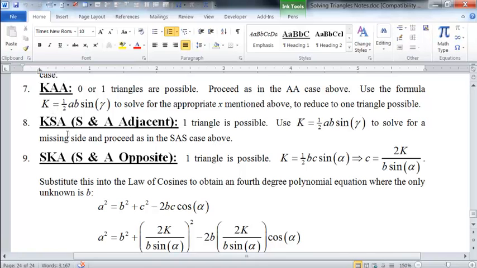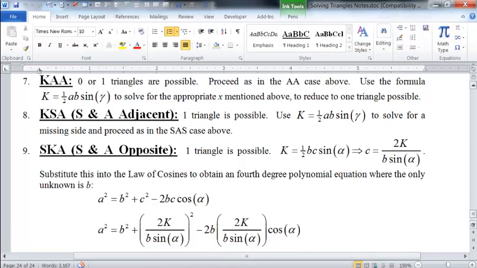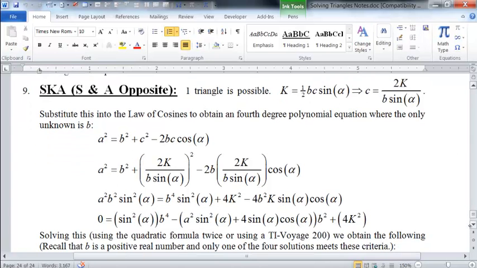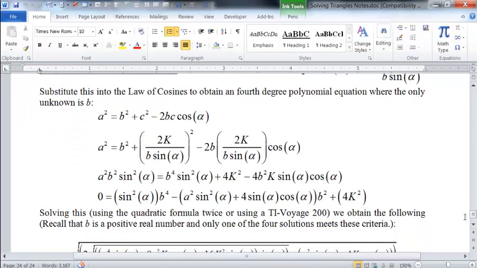There's area, side, and angle, where the angle and side are adjacent. There's one triangle possible there, and so you use this formula here to solve for the missing side, and then you're like in the side-angle-side case. If you have a side, an angle opposite, and the area, then you can use this formula here in the law of cosines, but it gets a little messy.